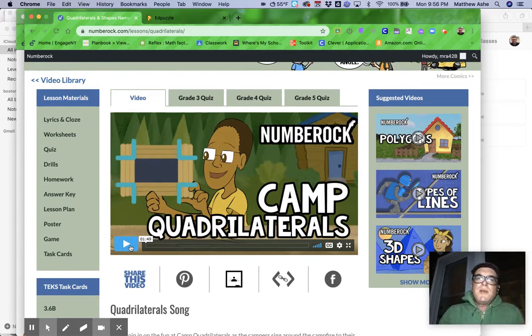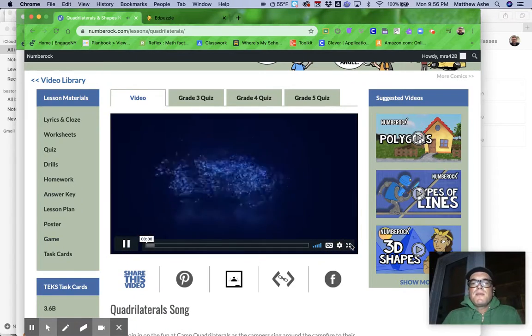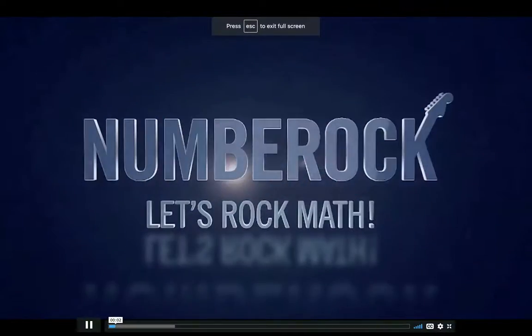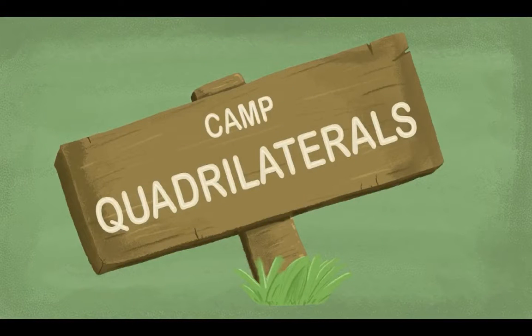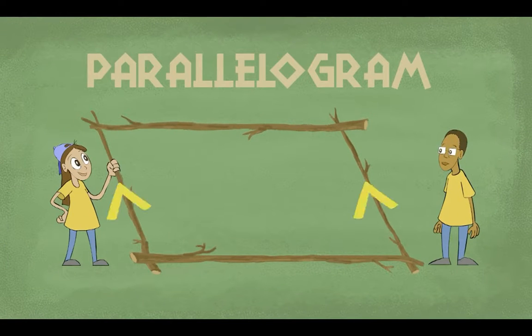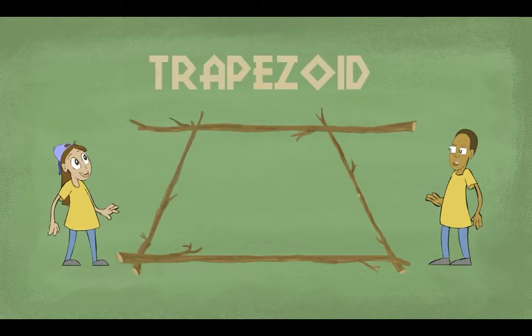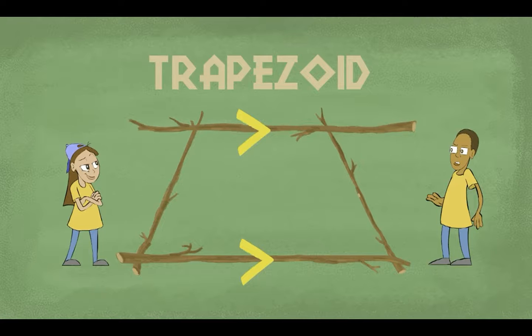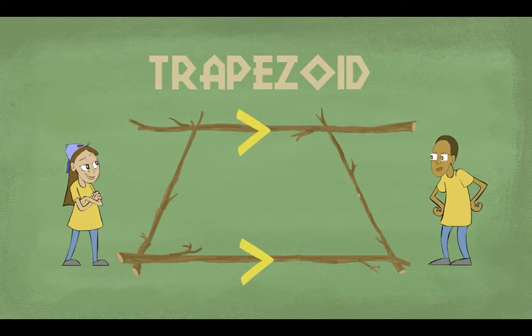Okay, everybody, time now for another video in our study of geometry. This one's about another shape called quadrilaterals. Parallelograms have two sets of parallel lines. Trapezoids only have one set at a time.